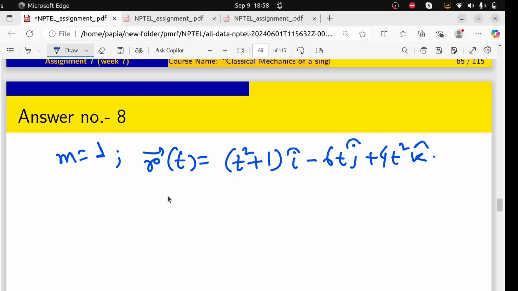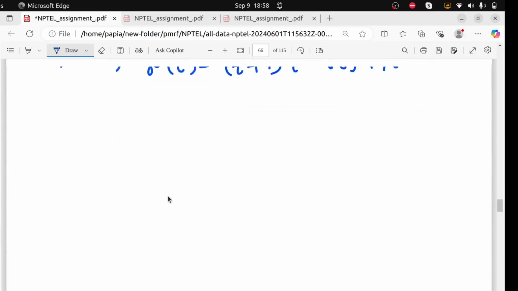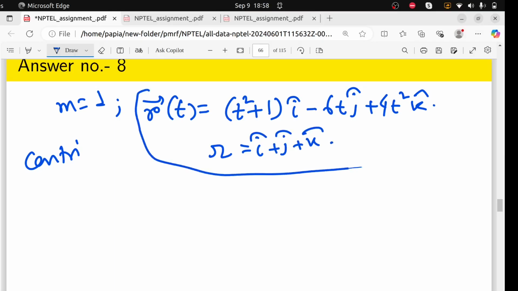Okay. So here what they are asking? They are asking centrifugal force. So centrifugal force. And another one is given, this one is given. So these three terms are given.